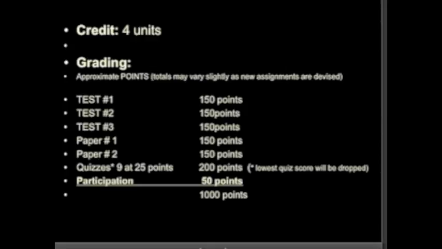As I mentioned before, there will be all kinds of different things that will be asked of you throughout the quarter. One thing will be these 3 tests, each of which will happen roughly 5 weeks into the quarter. And they will be more or less focused on the material from that chunk of the course.